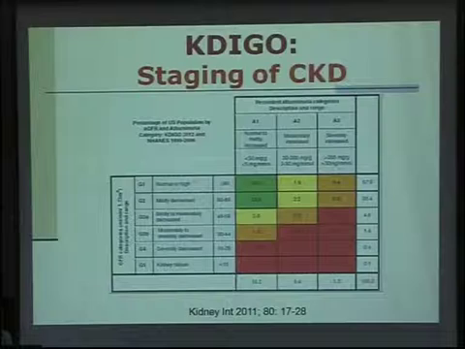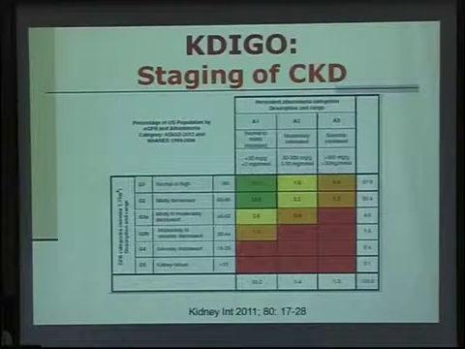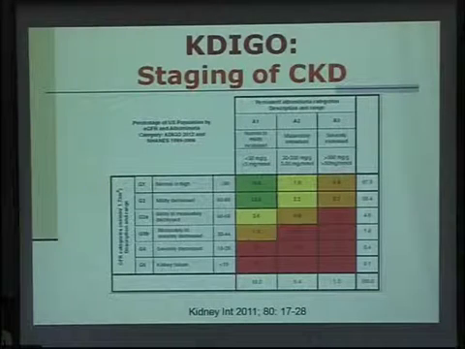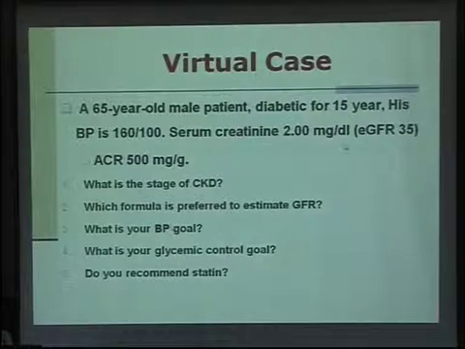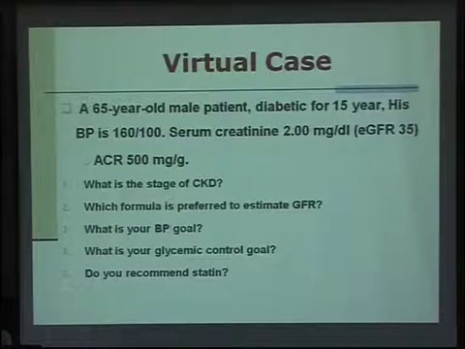So, when I have a patient, I have creatinine, I should apply the formula, look at the urine, and then assess the stages. If you apply this to our patient, this is estimated GFR 35 milliliter per minute. How can I diagnose this case now?